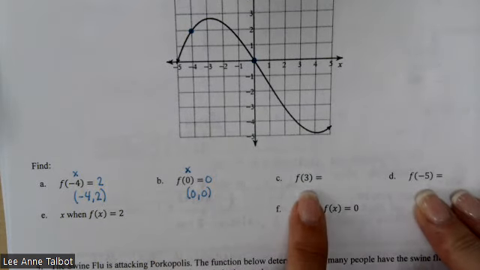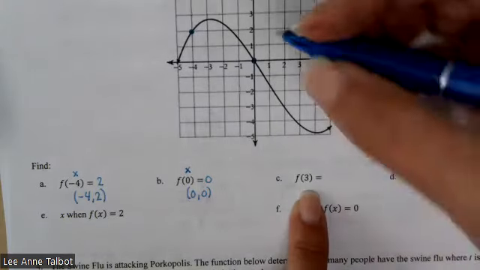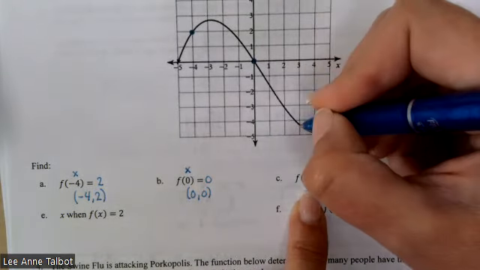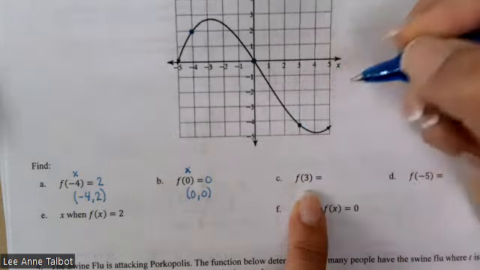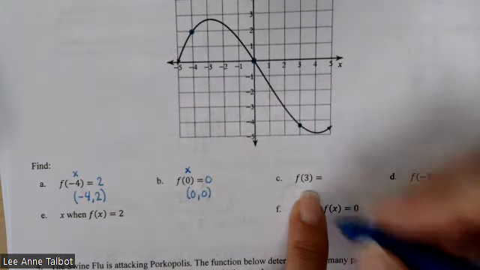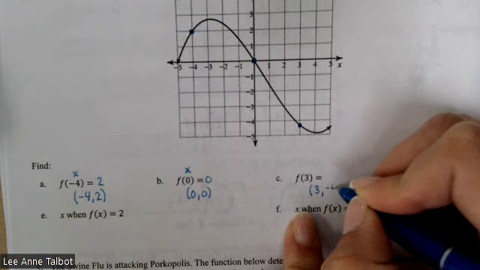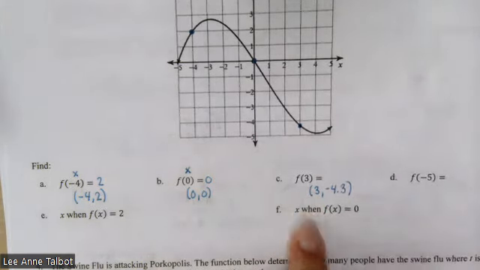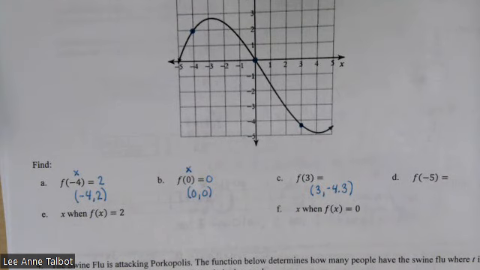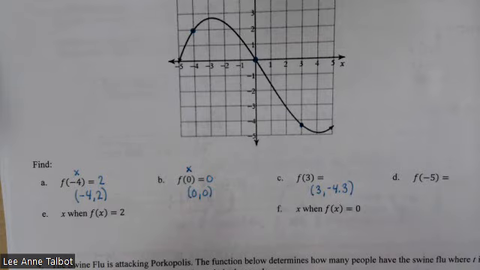Okay, now this one you're going to feel is unsatisfying. This one's going to be an estimate. So at 3, my dot is here. I'm going to say 3, negative 4.3. You could say negative, anywhere in that general area, it's an estimate, it's okay.